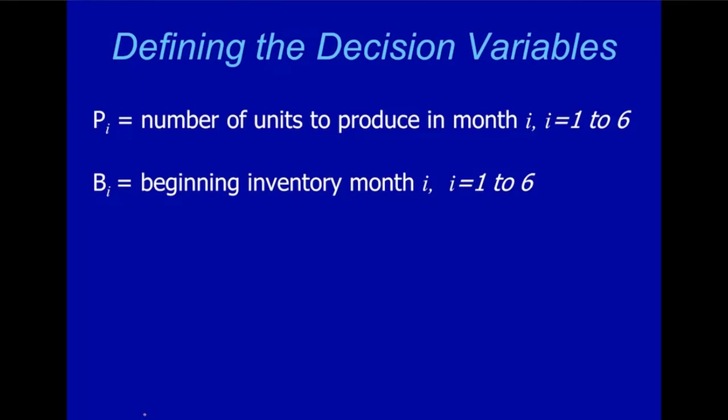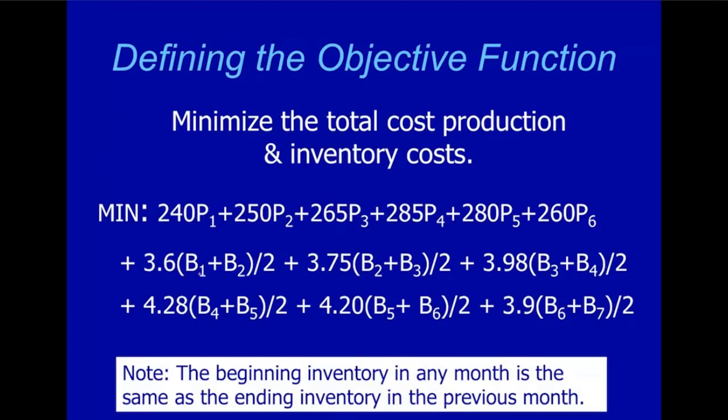Okay, and in the slide, I used the B to represent the beginning inventory. Slightly different from what we talked about, so yet another way to define that. Instead of using I minus 1 and I, here the inventory is defined as the beginning inventory, so it's like I and I plus 1, because the B represents the beginning inventory, and in the model we just defined, it's the ending inventory.